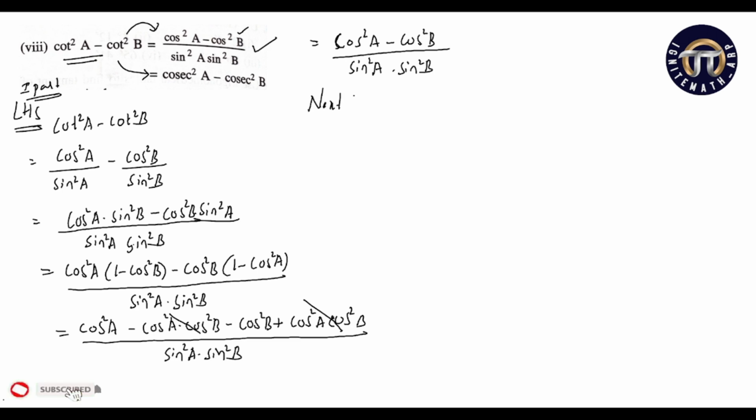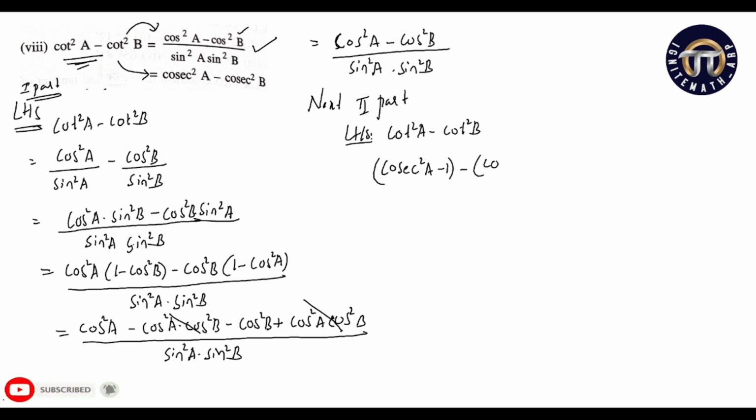Next I'm going to prove the second part. Again I will consider this, that is LHS. Look at this very carefully. Cot square A minus cot square B is there. Cot square A can be written as cosecant square A minus 1, right, children, minus cot square B. Again I can write this one as cosecant square B minus 1.